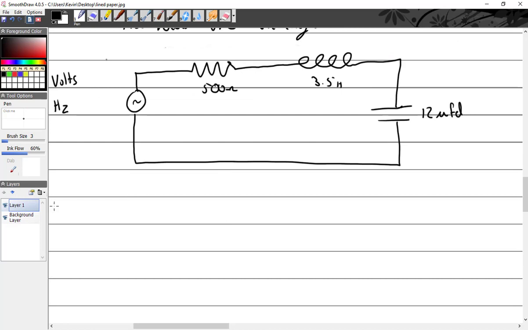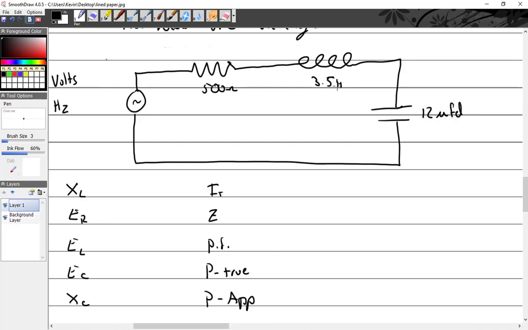you should be able to solve for the problem. We should find X of L, E of R, E of L, E of C, X of C, I total, Z, the power factor, true power, and apparent power. Wait, did you give him just I total? 3.5 henries.